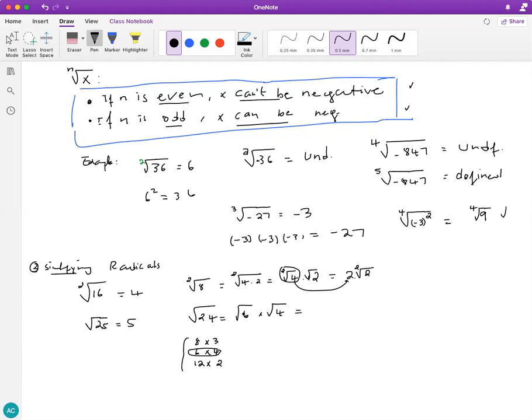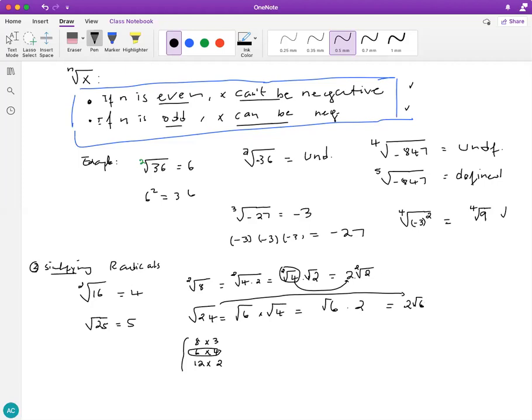And this will be radical 6 times radical 4, which is 2. We can move this 2 to the front now. We can say 2 radical 6. So we turn this one into that one. So you get something inside that's smaller. It used to be 24, now we have only 6.